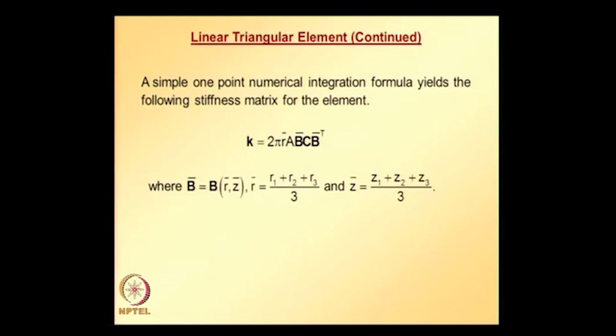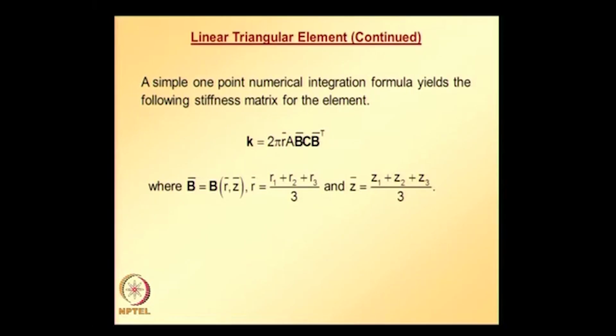Where the coordinates of the centroid are given by this r bar and z bar. R bar is nothing but the average of all the r coordinates, and z bar is nothing but the average of all z coordinates.